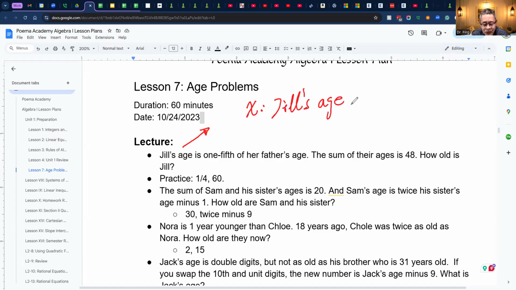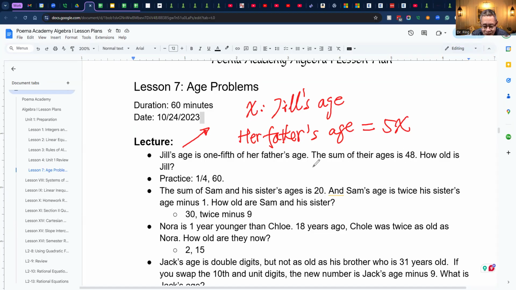Because Jill's age is x and that's 1/5 her father's age, therefore her father's age will equal 5x. So even though we don't know Jill's age or her father's age, we know the relationship. And they said that if we add them together it is 48.